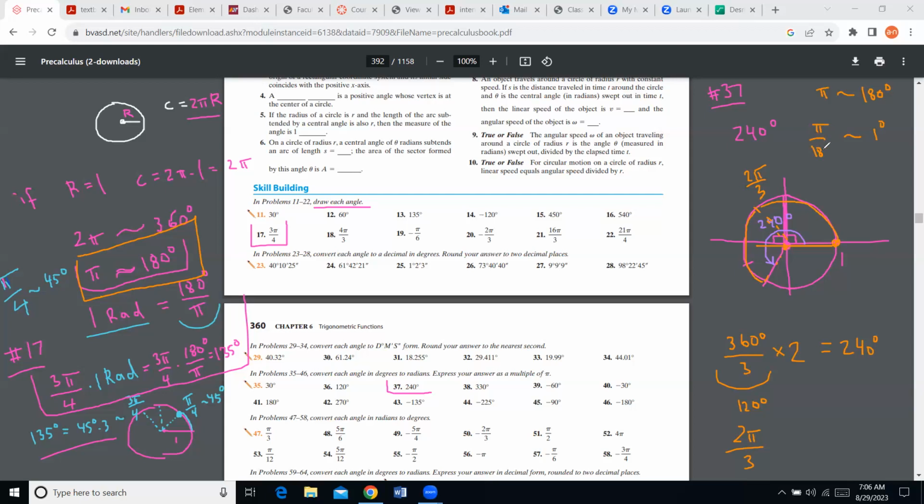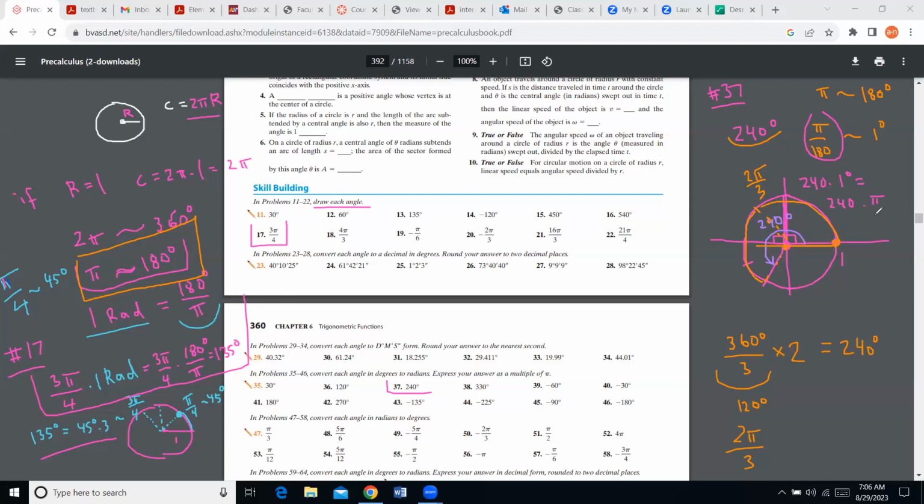So in other words, if I have 240 degrees, let me write it down again, then what I could think of is taking this 240 degrees times 1, or 240 times 1 degree, just like in the previous example. And then instead of 1 degree, I'm going to put this fraction, so it'll be 240 times pi over 180.